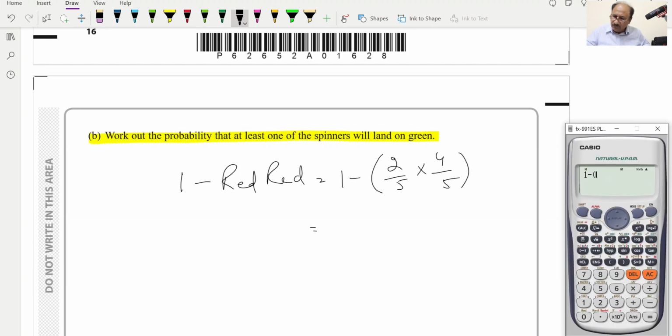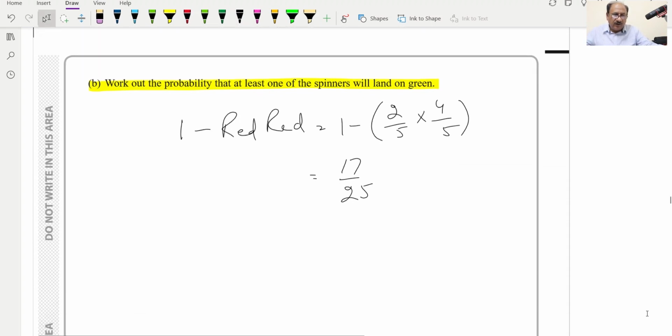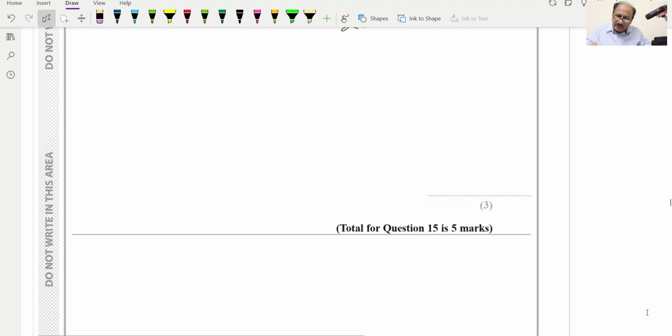One minus, in brackets, 2 over 5 multiplied by 4 divided by 5, and this is closed, and this is equal to 17 over 25. This will be our final answer, which is 3 marks, 17 over 25.